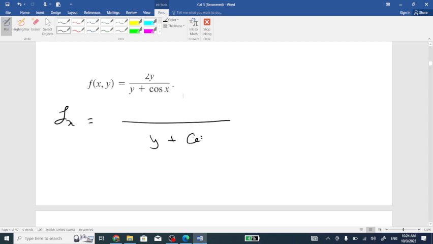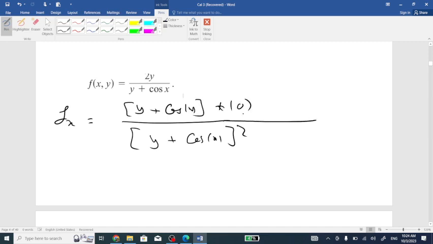So first you say, we have a fraction. Here square, why? Now, denominator, right? Multiply 0. Minus 2y times the derivative of the denominator, which is equal to what? Minus sine of x.